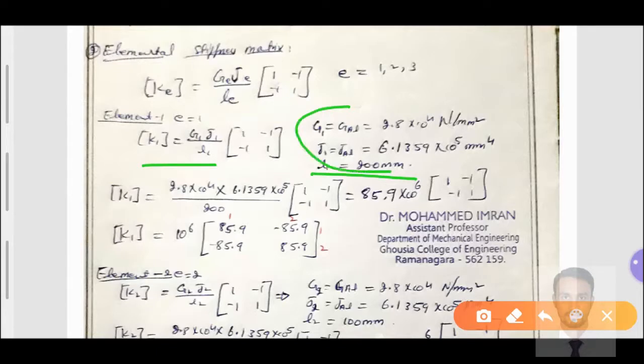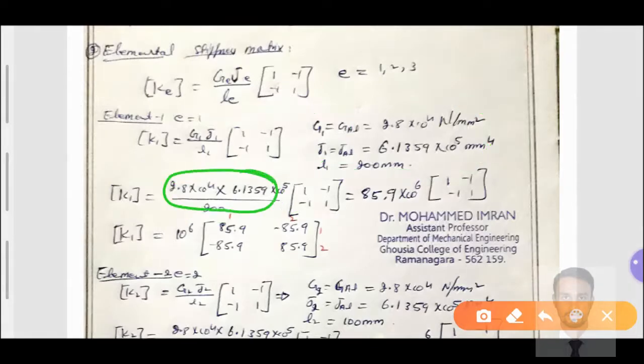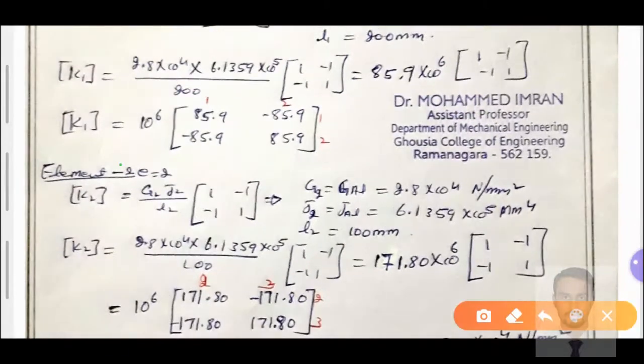When you calculate this value, you get 85.9 into 10 to the power of 6. Take 10 to the power of 6 common and multiply 85.9 in this matrix. You will get the elemental stiffness matrix for element number 1.